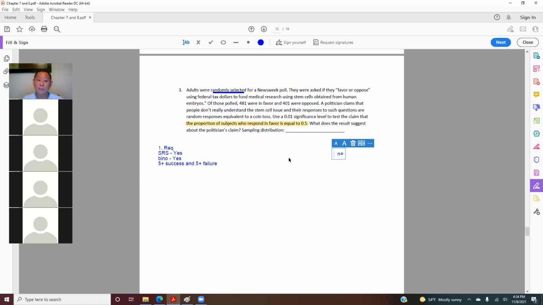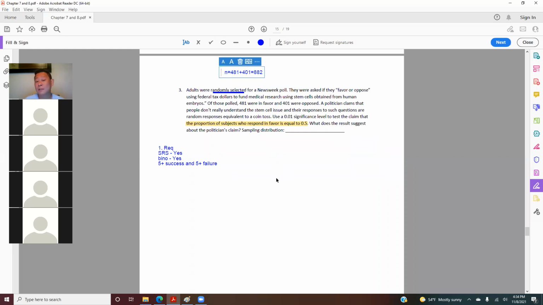No, we don't have 40 people. We have more than 40 people. 481 said in favor, and 401 were opposed. So your n in this case is not 481 or 401, it is the total of these. So it's 481 plus 401, which is 882.